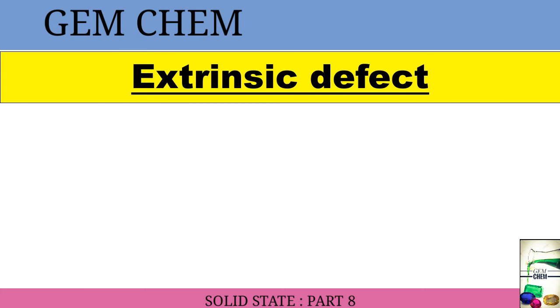Now what do we mean by extrinsic defect? I hope everybody has heard of the term doping. So this occurs when doping occurs. Now if we consider a lattice consisting of Zr4 plus, O2 minus, again Zr4 plus, and O2 minus.